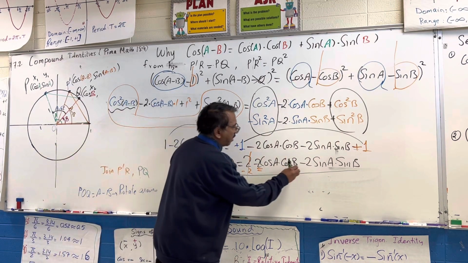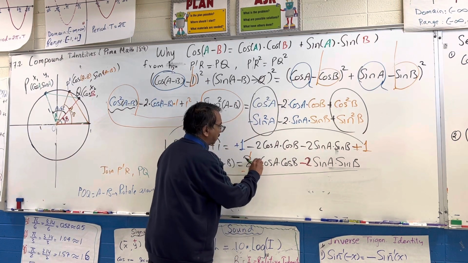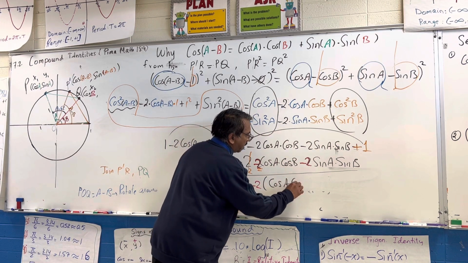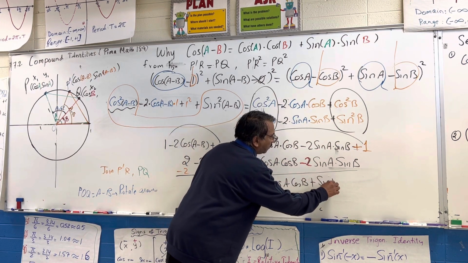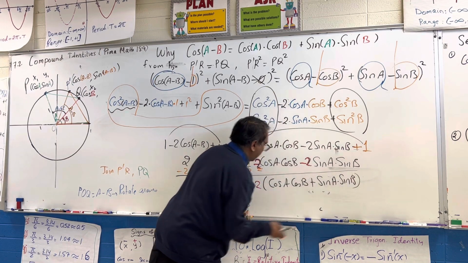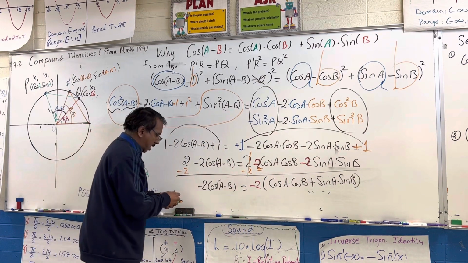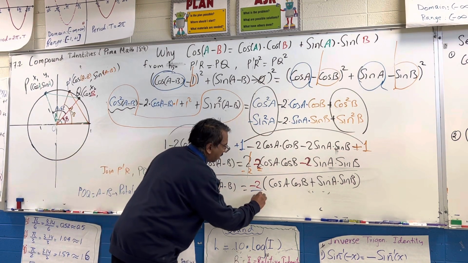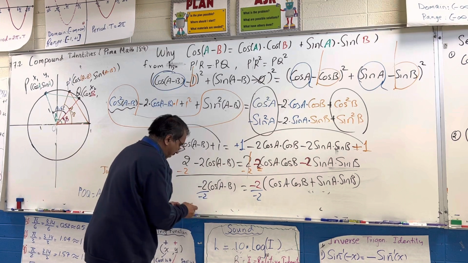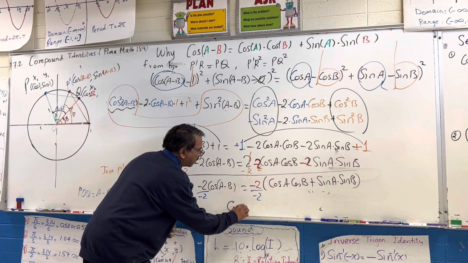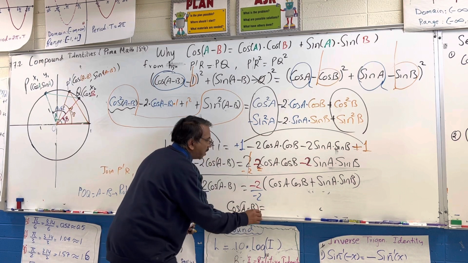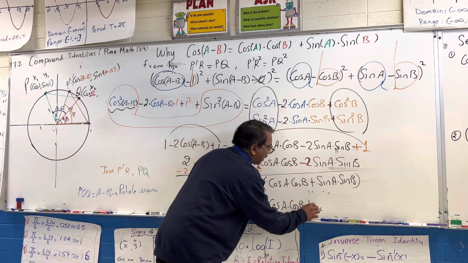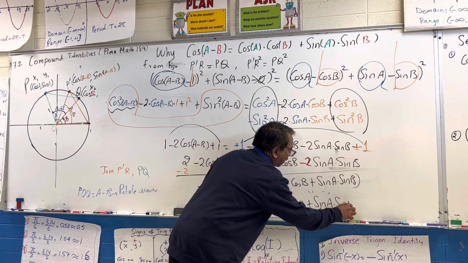This crosses out, and this minus 2 and this minus 2, we can use the undo distributive property and write it with plus. And then you can divide one more time by minus 2 on both sides, and eventually we get the final answer, the compound identity: cosine of A minus B equals cosine of A cosine of B plus sine of A sine of B, and there you go.